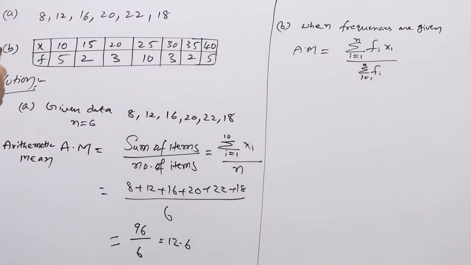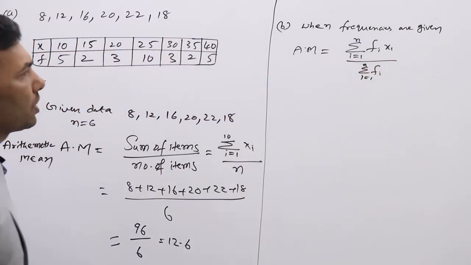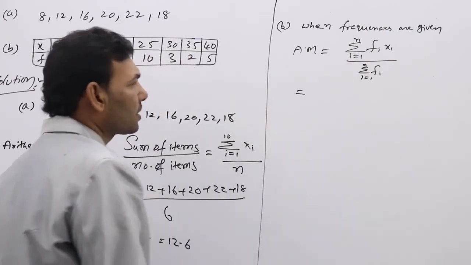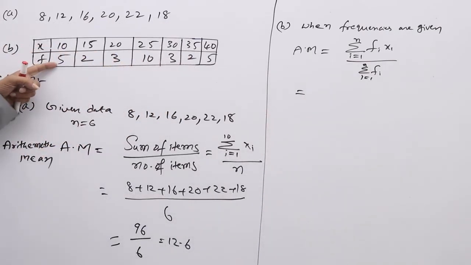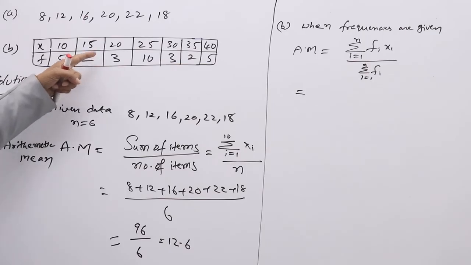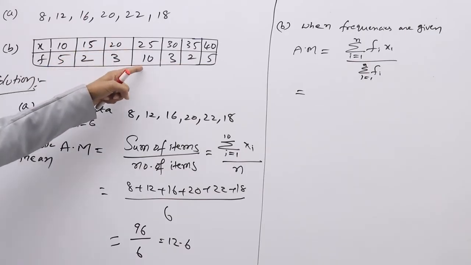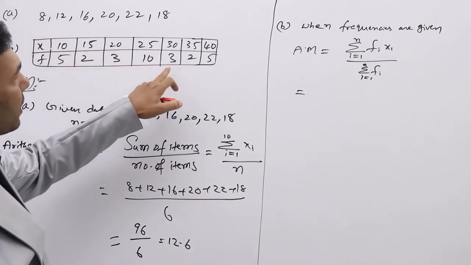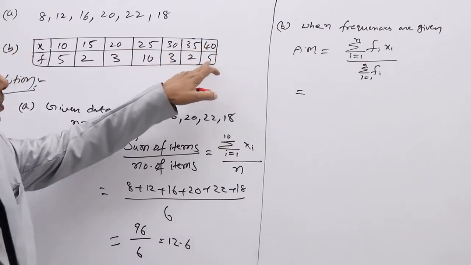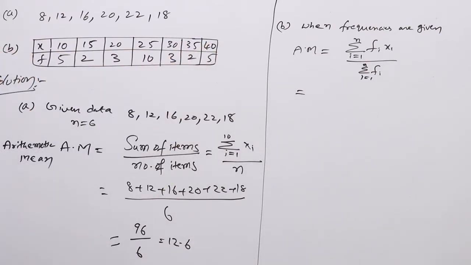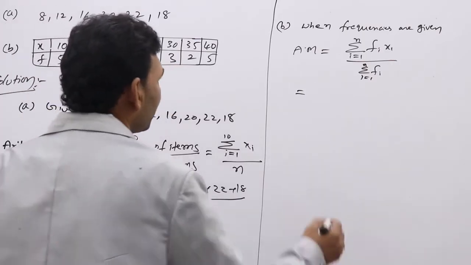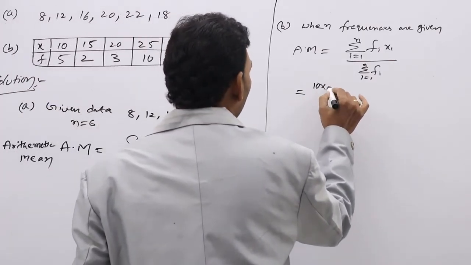You need to add all the values. Here fi xi means you need to multiply like this: 10 into 5 plus 15 into 2 plus 20 into 3 plus 25 into 10 plus 30 into 3 plus 35 into 2 plus 40 into 5, by the total of frequencies.